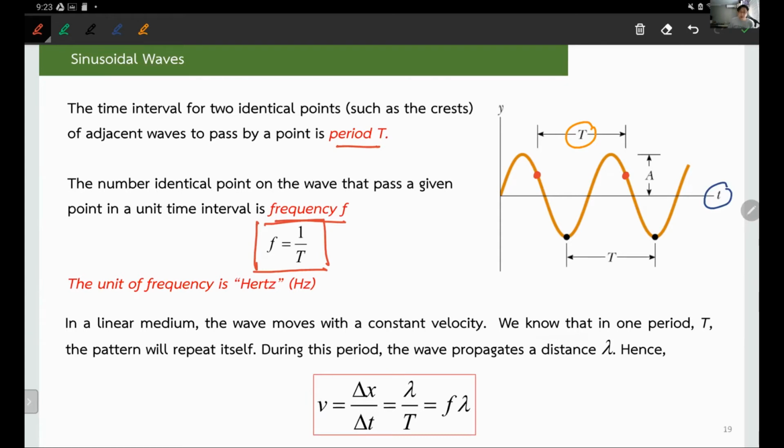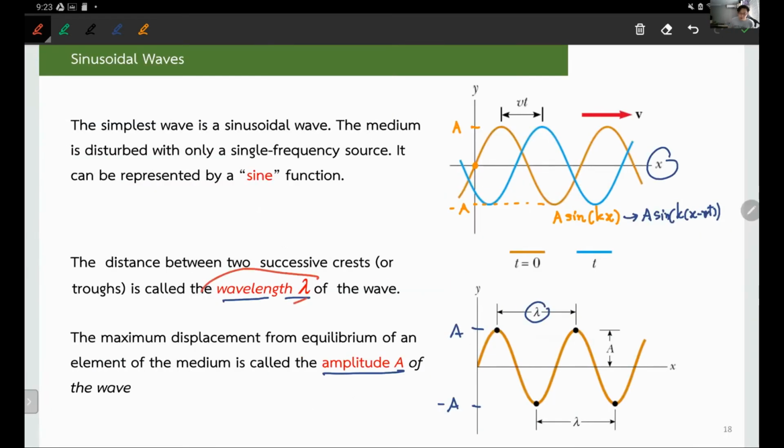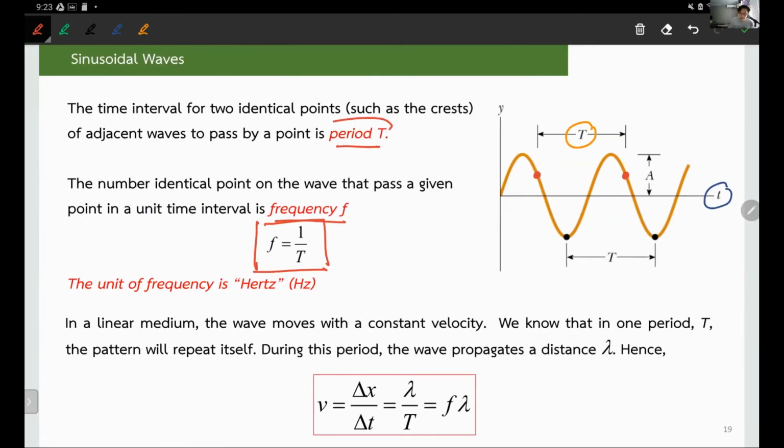Okay. And that's it. With these two, I can actually express the speed of the wave, or the velocity of waves, using the parameters that I just introduced, the wavelength and the period or the frequency, by a very simple math. You guys, give me the speed of wave.